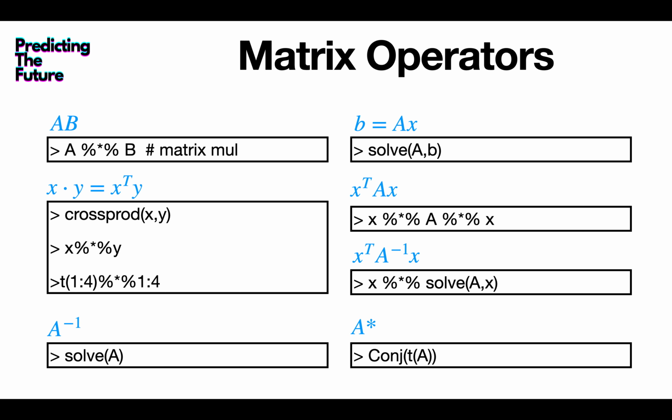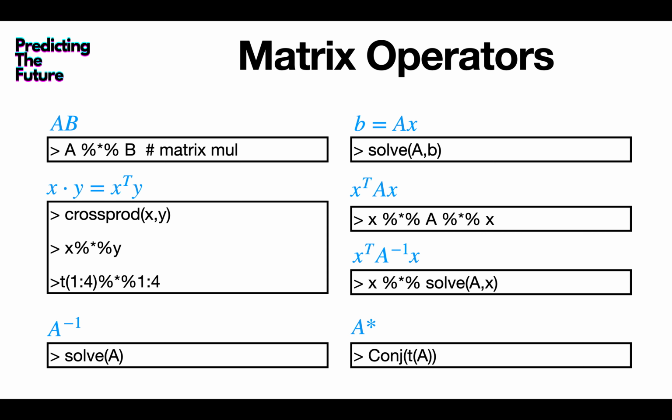And some basic matrix operations we can do with R. So A times B can be calculated using a percentage sign, then a star, which is times, and then another percentage sign and B. So that's the normal matrix multiplication.